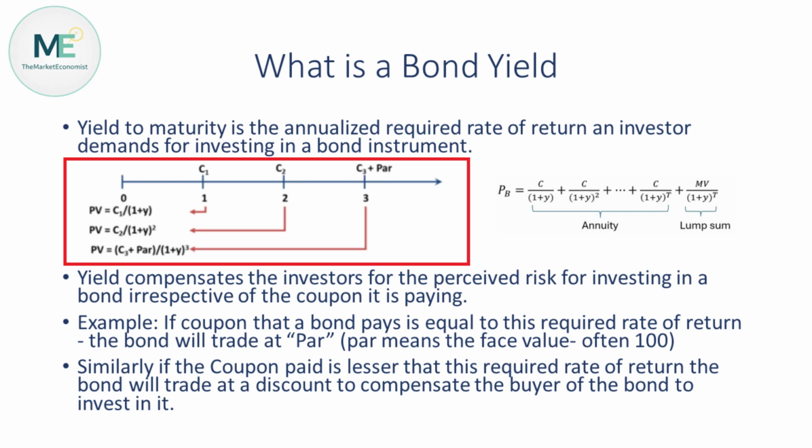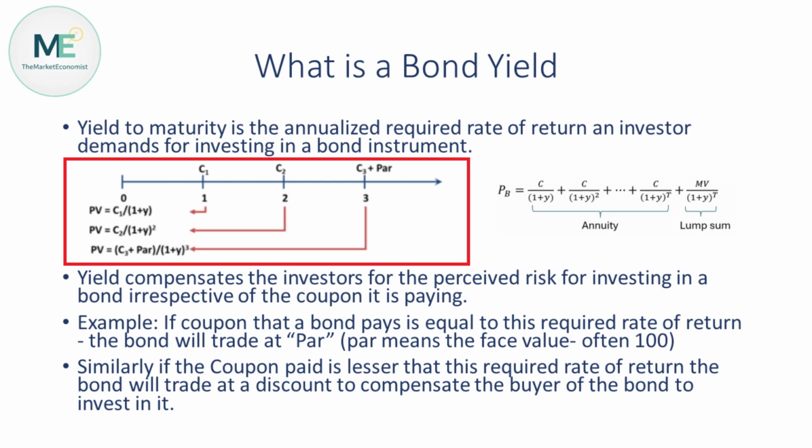So like any other asset class, the price of the bond is equal to the present value of each of these cash flows. The present value of the bond is equal to C1 upon 1 plus y, plus C2 upon (1 plus y) squared, plus C3 plus par upon (1 plus y) to the power 3.